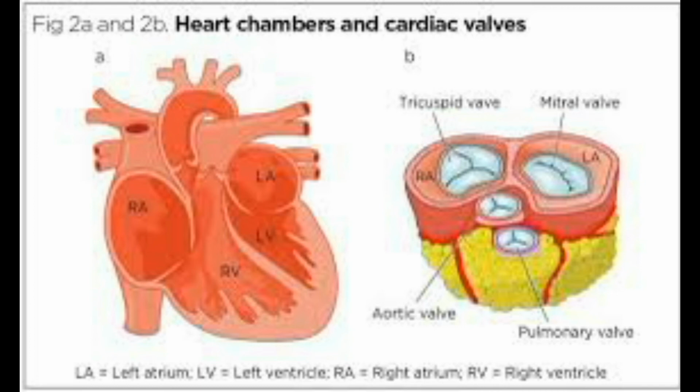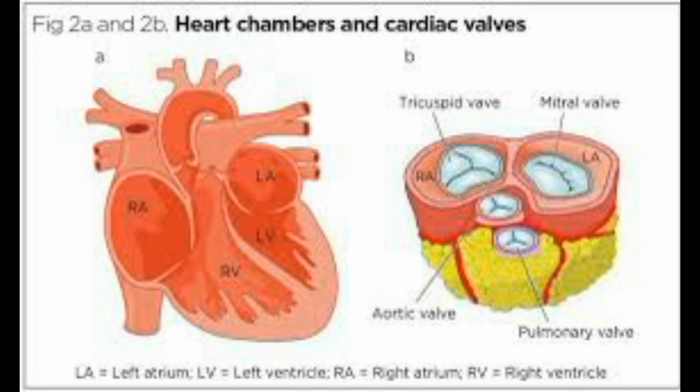Cardiac output is the volume of blood ejected from the left ventricle into the aorta per minute. And this cardiac output is equal to stroke volume times heart rate.